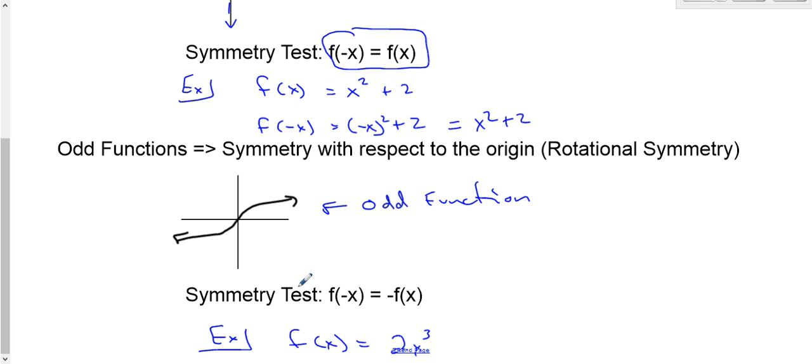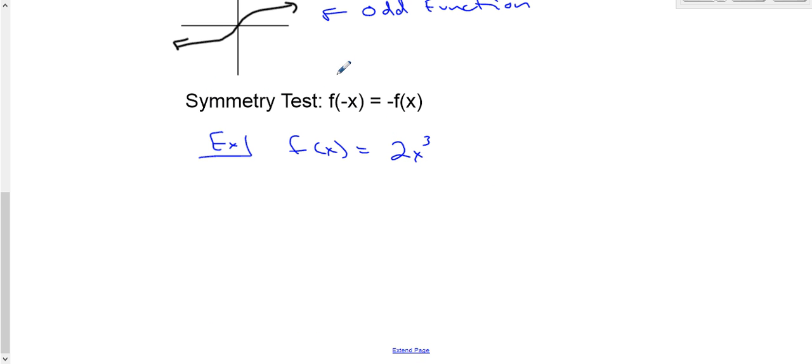So to test for symmetry, we would plug in negative x, and what we want is an outcome to be the opposite of the entire value function. So if I plug in f of negative x for my function f of x equals 2x cubed, that is 2 times negative x that is being cubed.